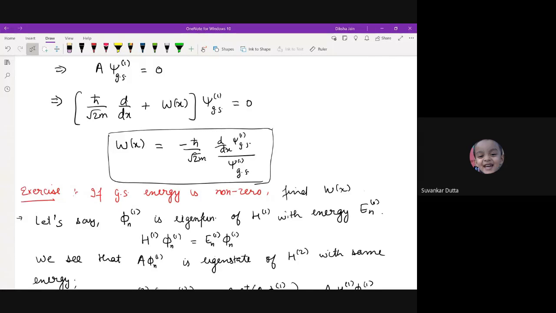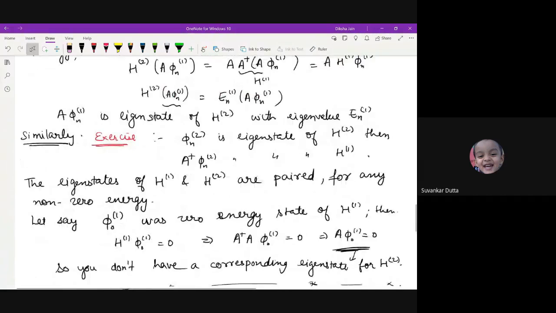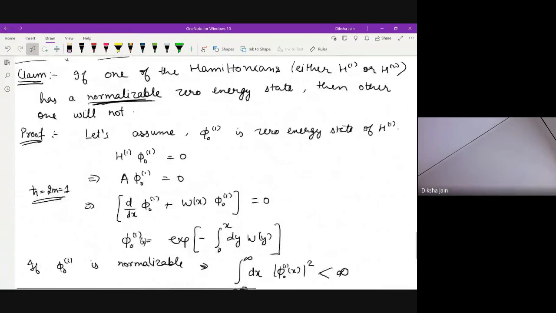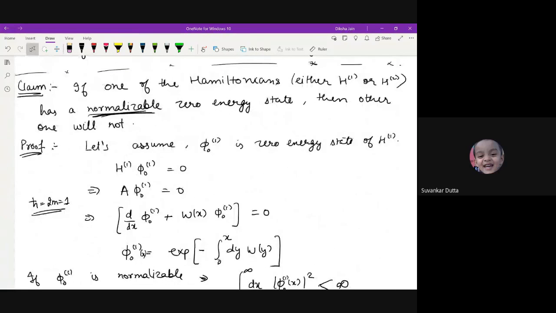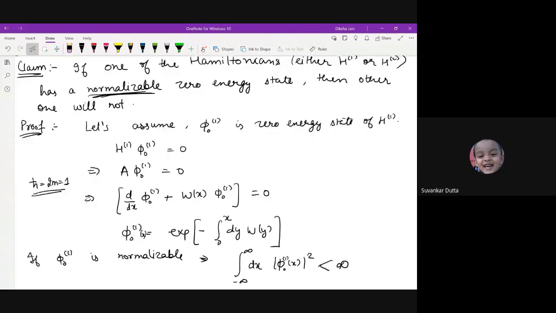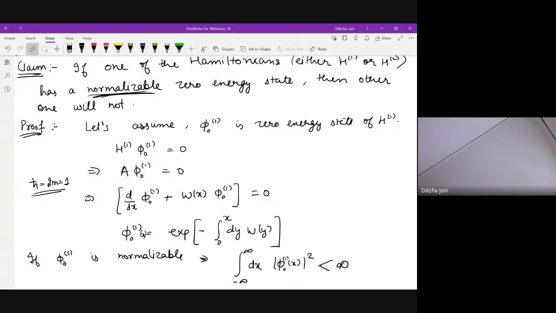Can you go to the last line? Then this equation, don't you use the third last equation to find W of x? No, this I am just showing here that given a W of x, only one of them has a normalizable zero energy state.